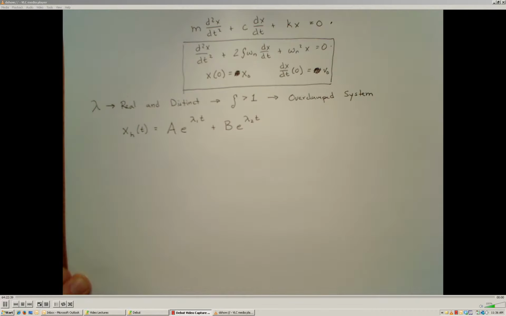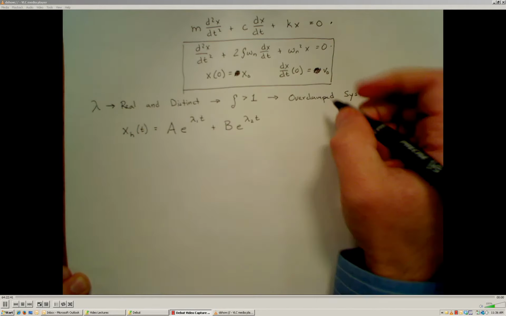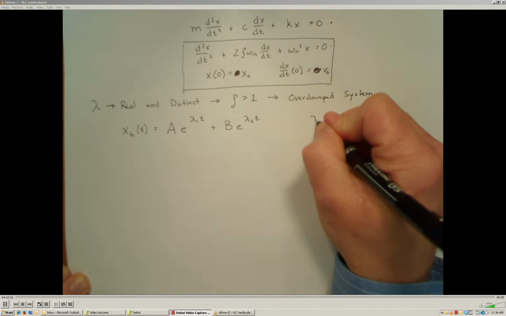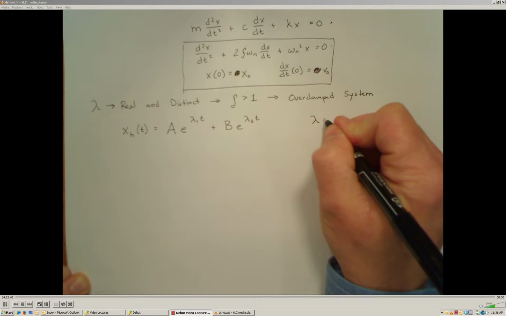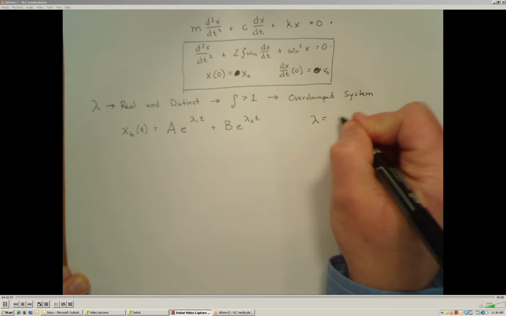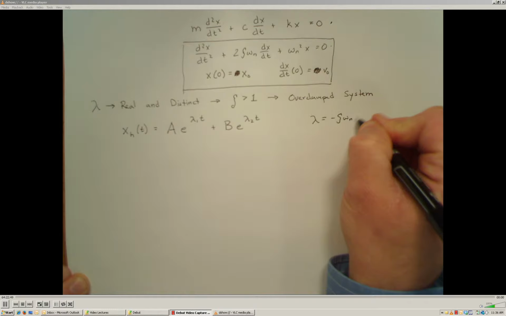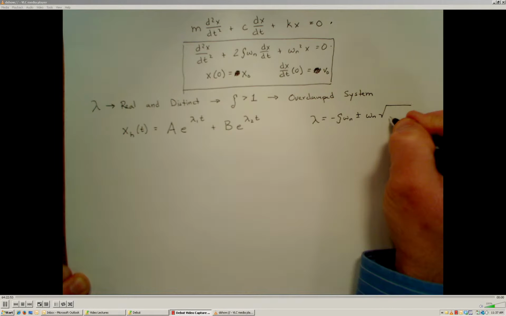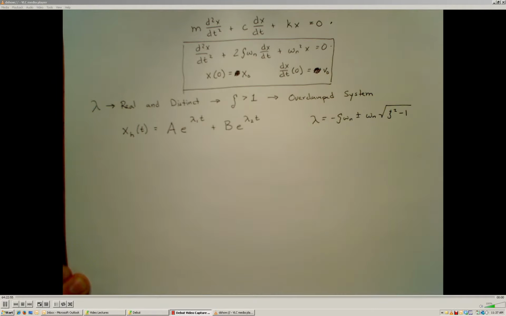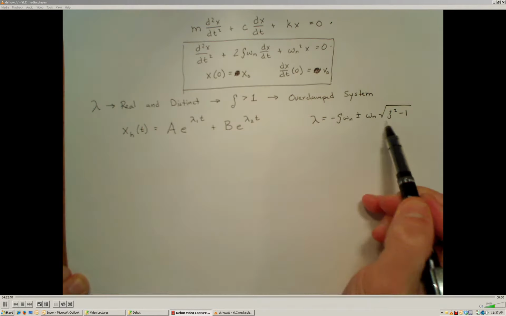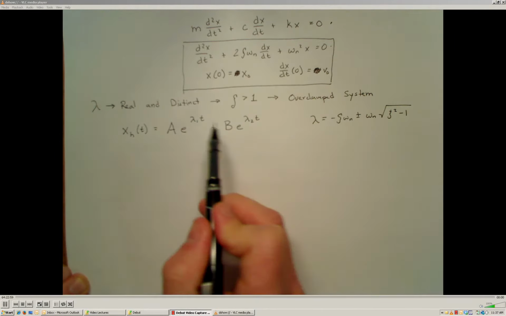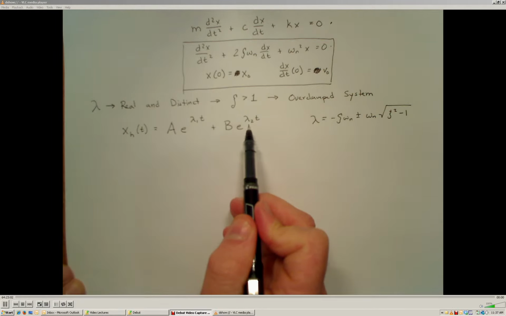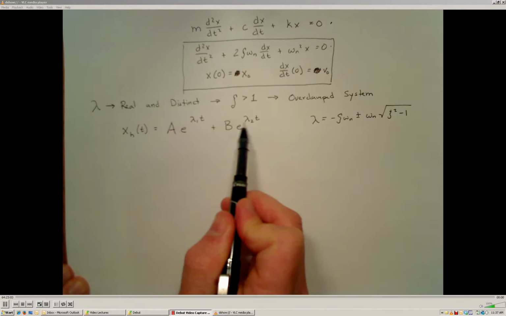Remember that the eigenvalues are given by negative zeta omega n plus or minus omega n times the square root of zeta squared minus 1. So we have our plus and our minus, which gives us two distinct characteristic roots, and those are what go here.